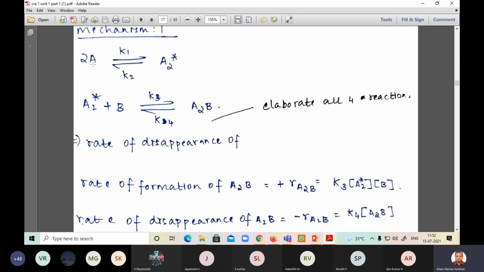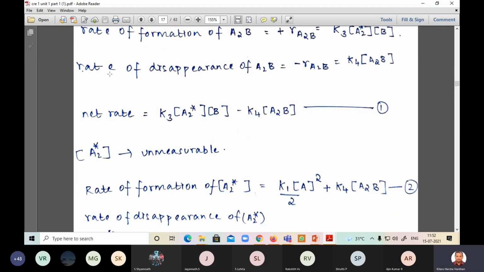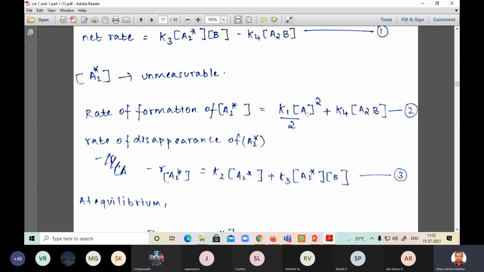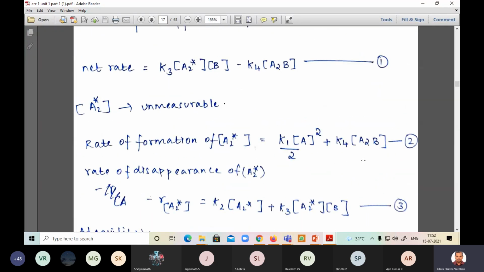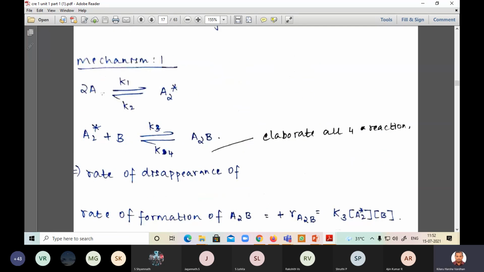So K1, what is that now? K1 C_A whole square, because there is 2, because these are all elementary reactions. You can see here the rate of A2 star is K1 A square, because two components are there, divided by half.